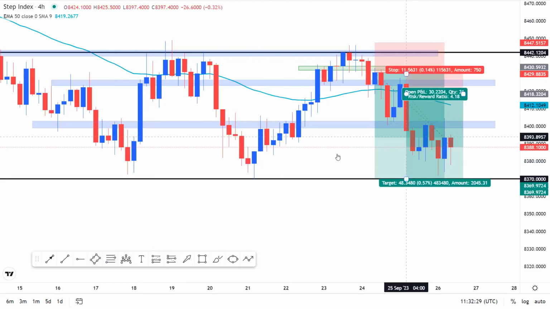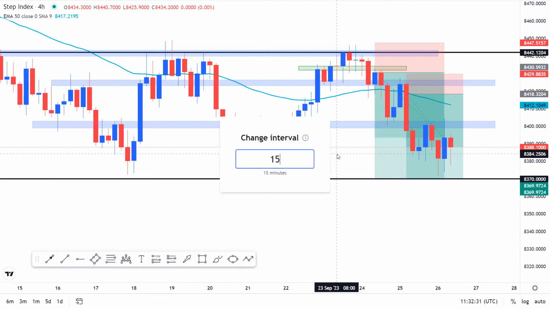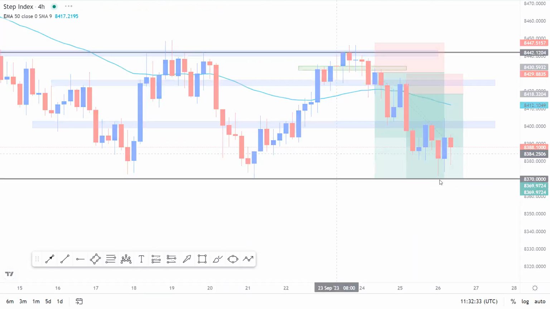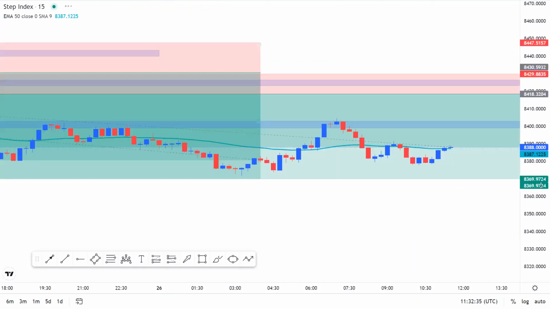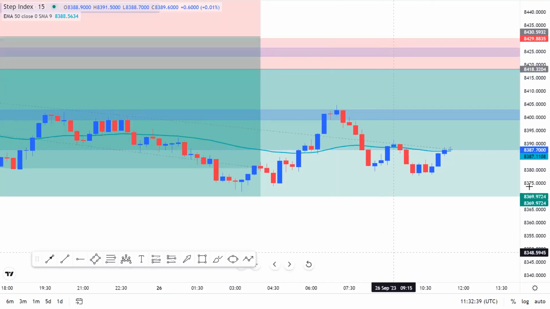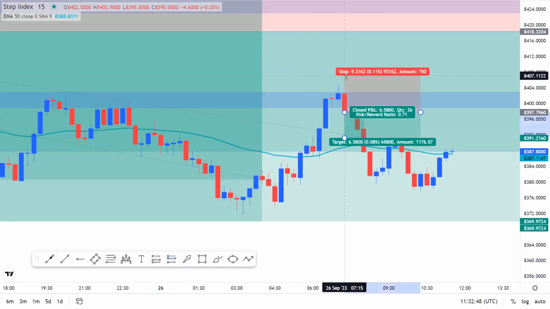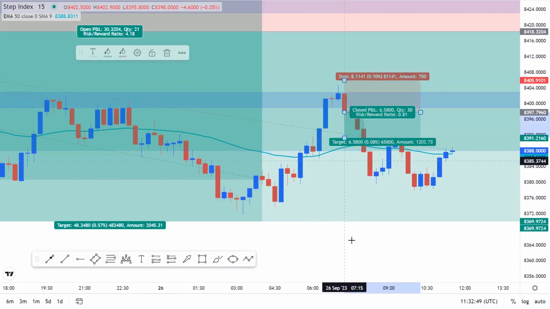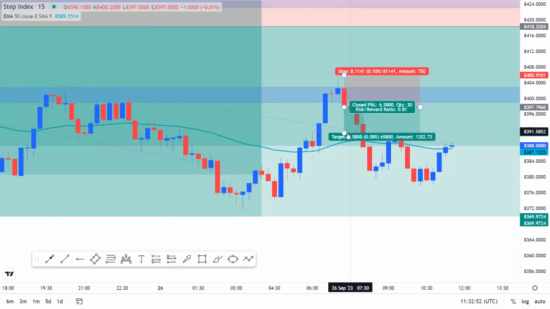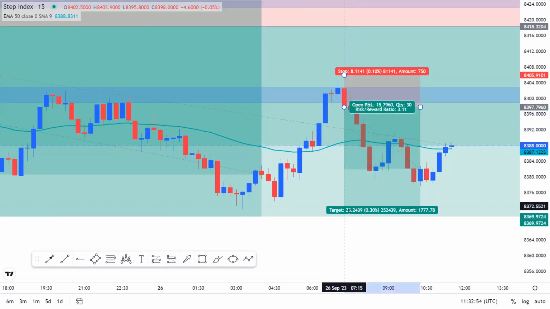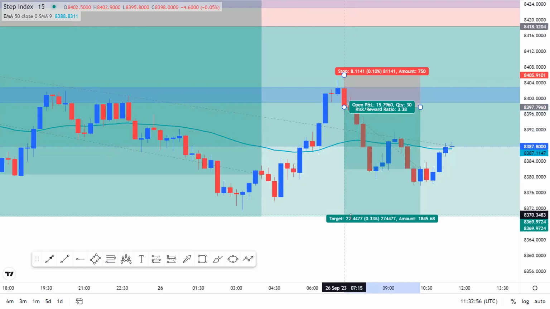So at the retest of this level, I scaled down again to the 15 minutes time frame, where I got my third sell entry on this, for also a nice 1 to 3.